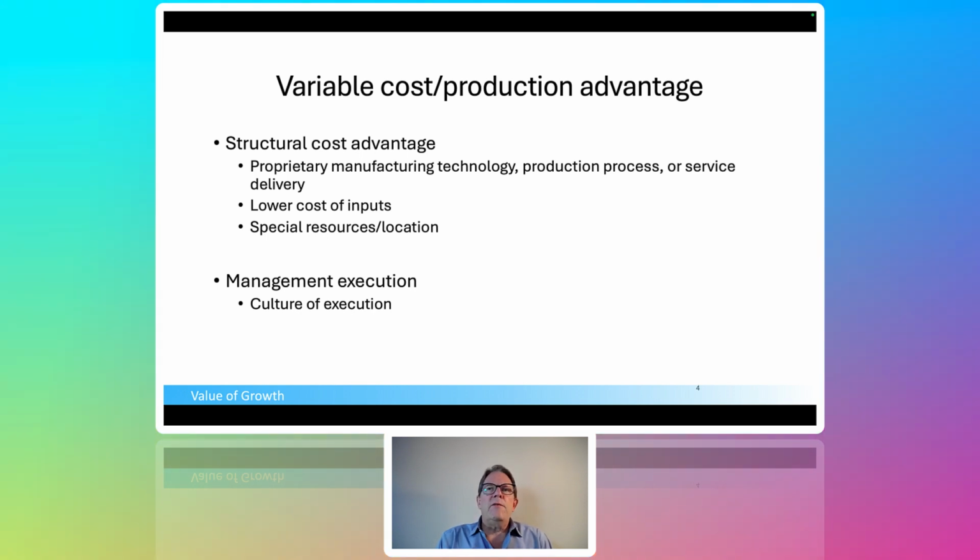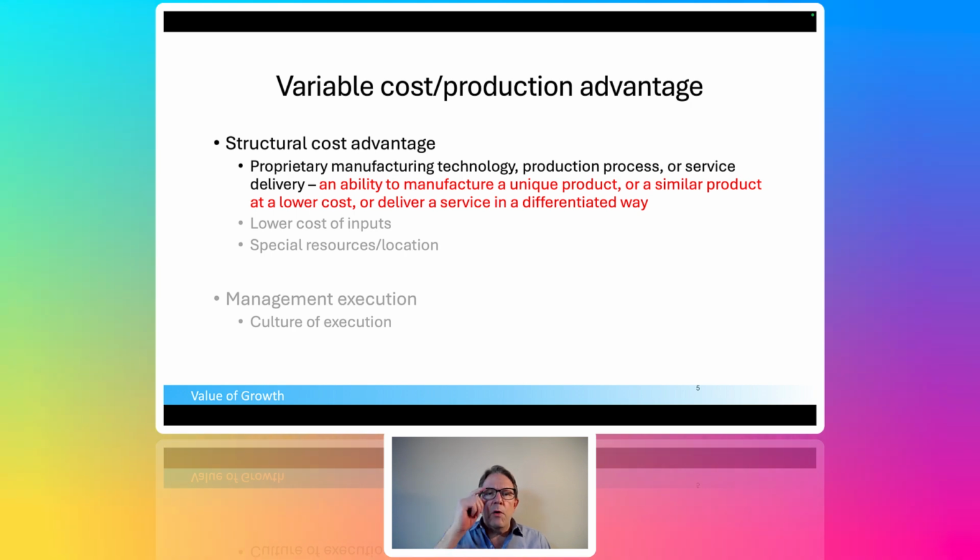We talked about in the last video that brands by themselves are not a competitive advantage, but they can reinforce a competitive advantage, particularly in habit or in search. This is similar. Management execution can be very important when it comes to a proprietary manufacturing process or a service delivery process. It tends not to be particularly important if the source of that lower cost is lower cost of inputs or some special resources. So similar to brands in the idea that it can reinforce a competitive advantage.